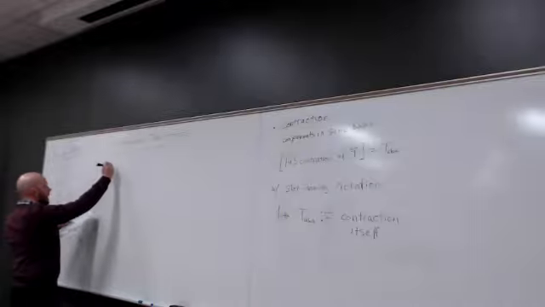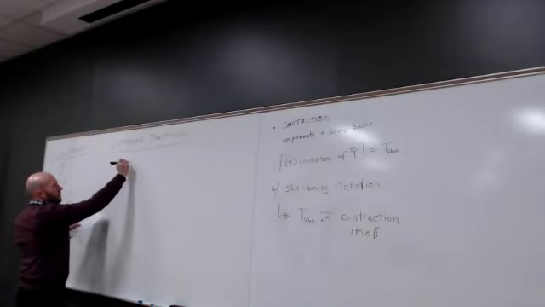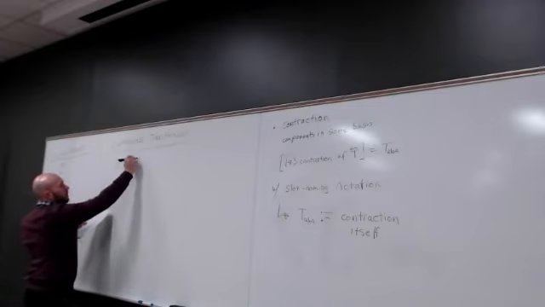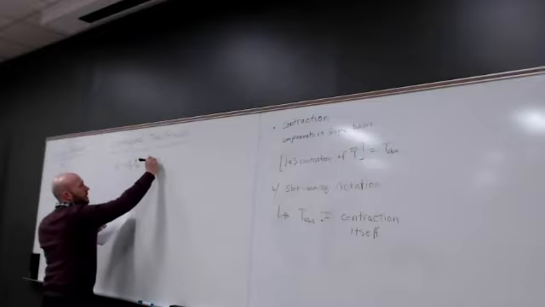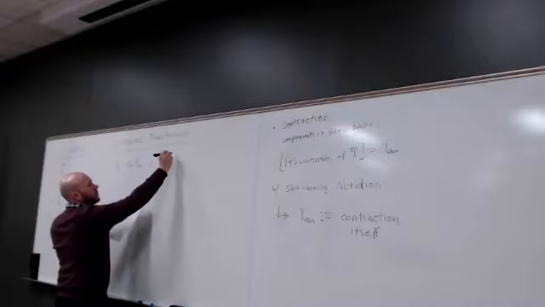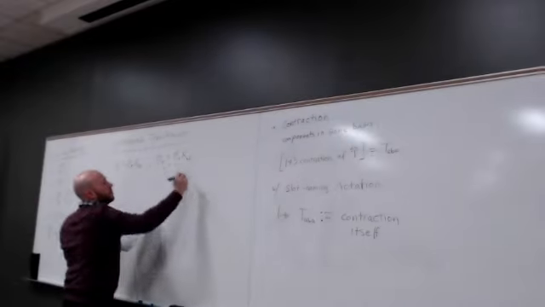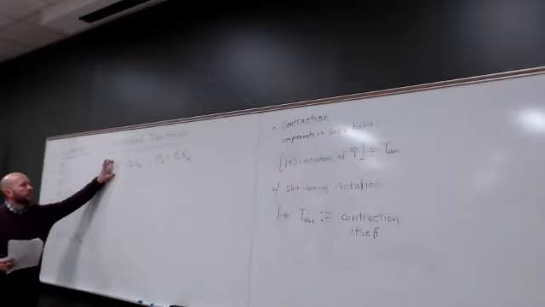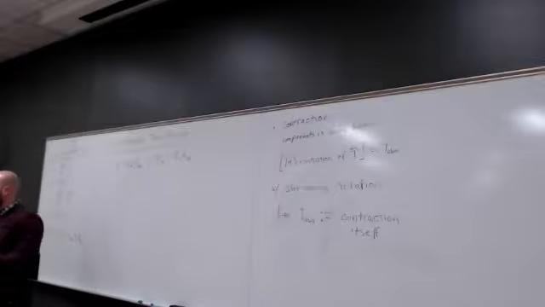And what that means is that e_i equals R_ip̄ e_p̄, and similarly, e_p̄ is equal to R_p̄i e_i. Okay, so both of these, e_i and e_p̄, are orthonormal basis vectors, but they're not the same orthonormal basis vectors.